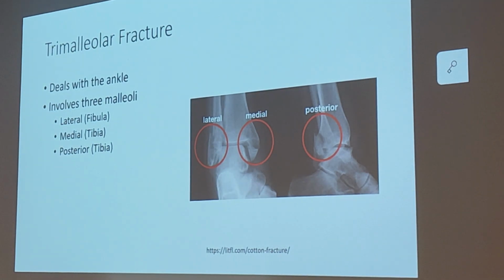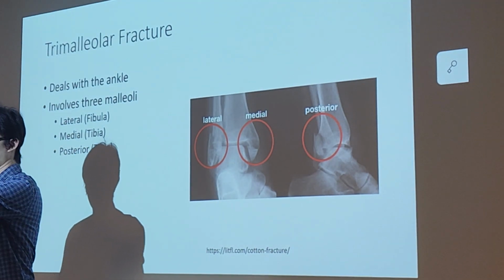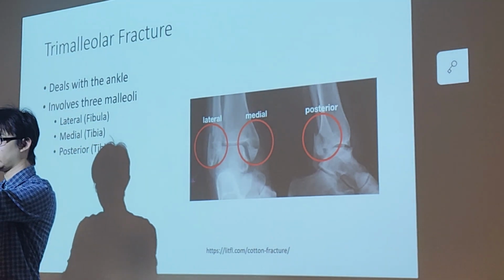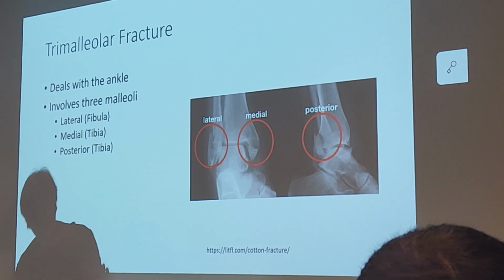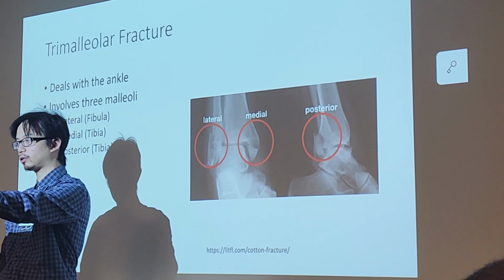So far, so good? We're okay with the malleoli? How would you do an oblique ankle? So if you imagine this is the left ankle, this is the big toe. You would do an AP like this, and then you would oblique it in this direction.